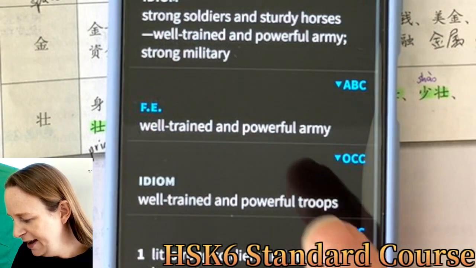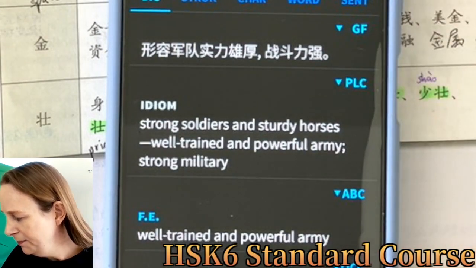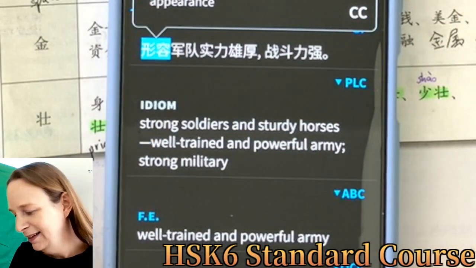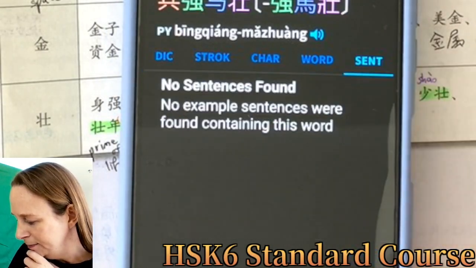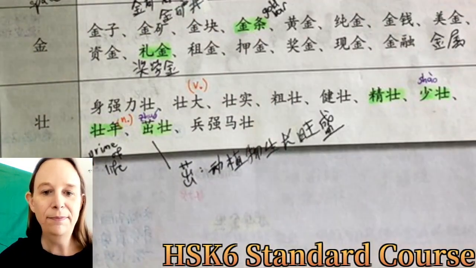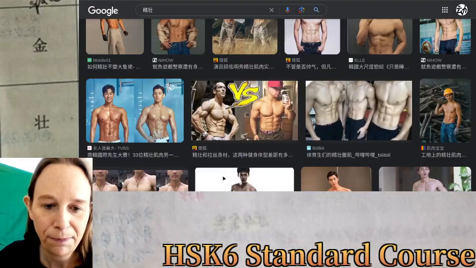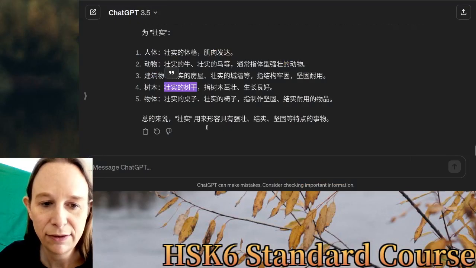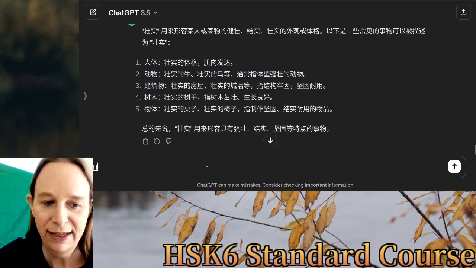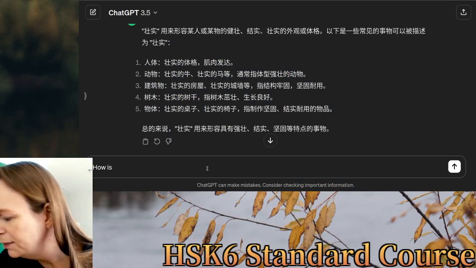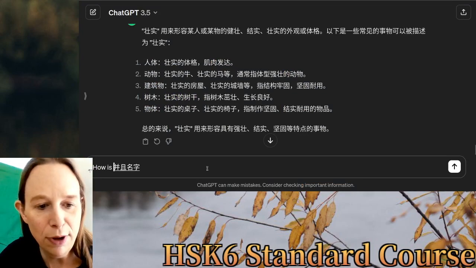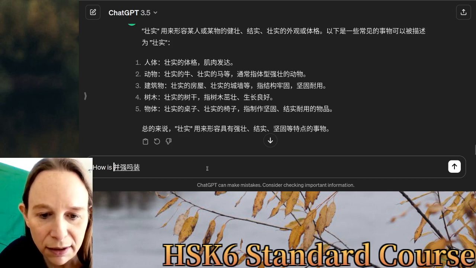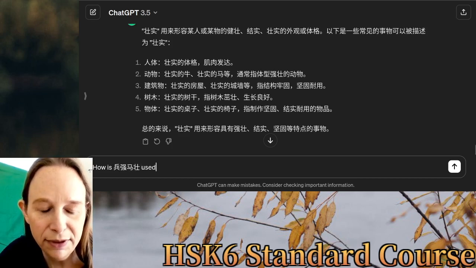So does it function as a noun or an adjective? It does say 形容, so it looks pretty adjective-y. Oh, all right, that didn't help. Okay, how is 兵强马壮 used?